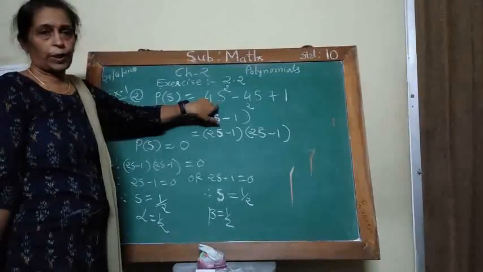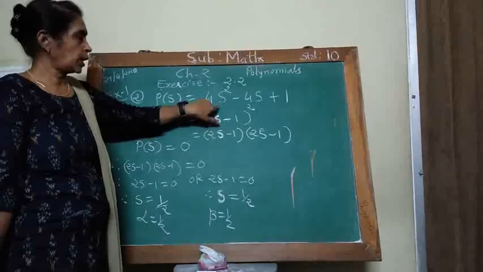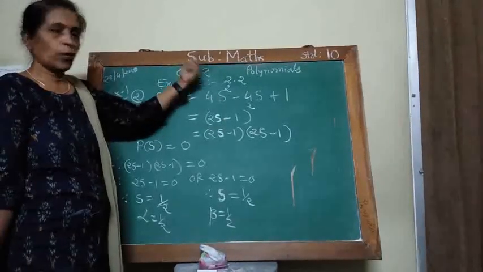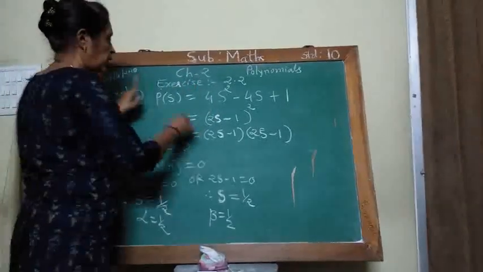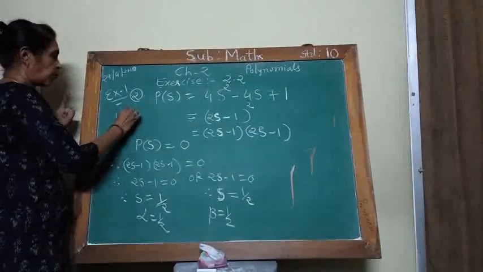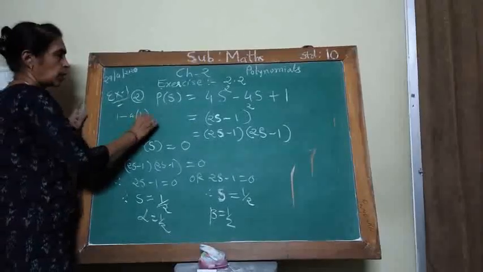Value of the polynomial is 0. You want to see? 1 upon 2 whole square is 1 upon 4. 4 cancel, so you get 1. 1 minus 4 into 1 upon 2 plus 1.